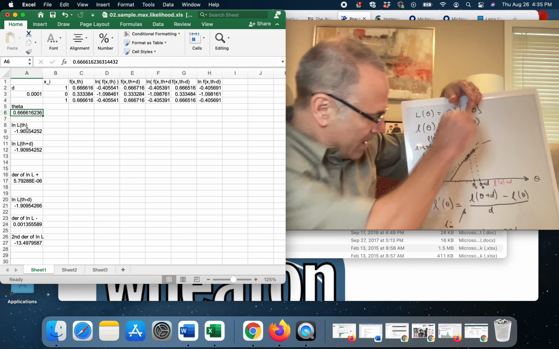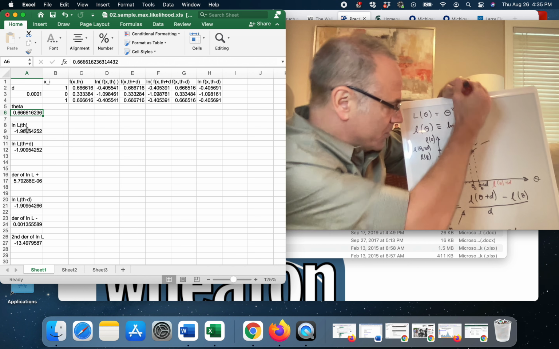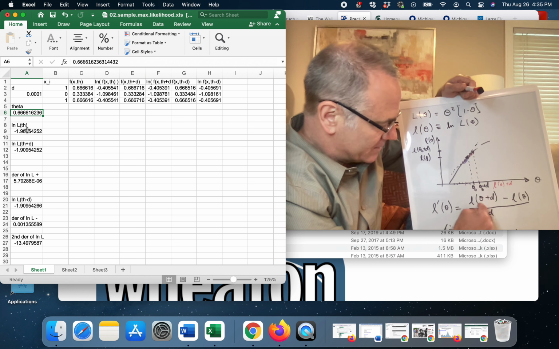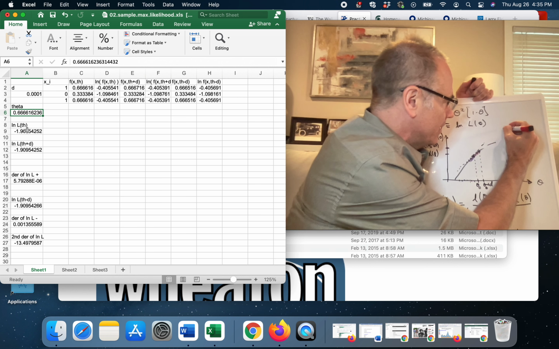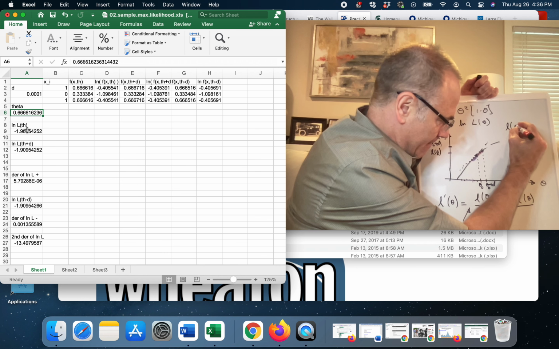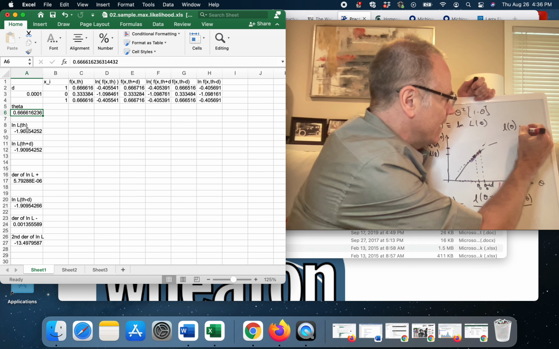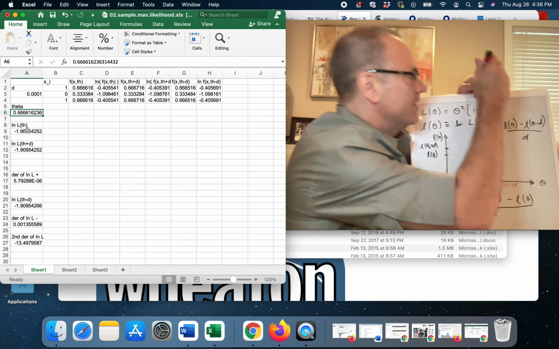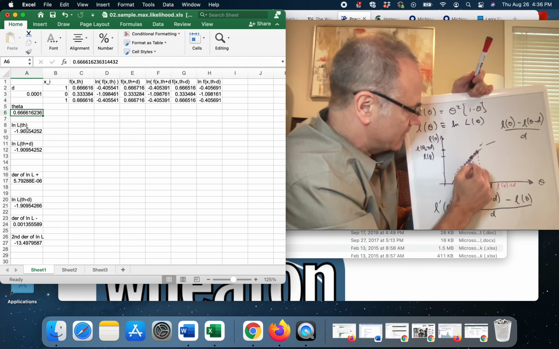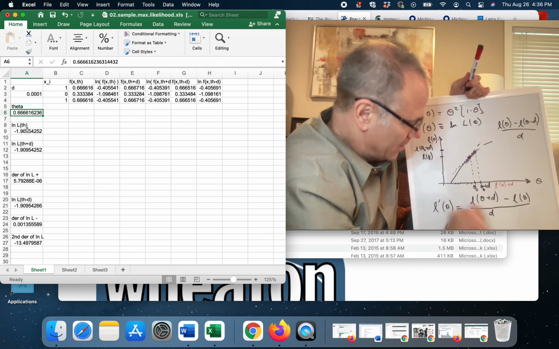Now, the way we calculate the slope of the blue line is it's going to equal L of theta minus L of theta minus d, all divided by d. Okay, so that is the slope of the blue line.